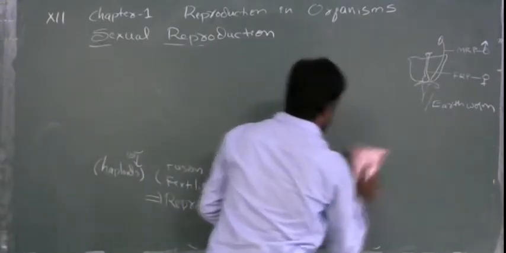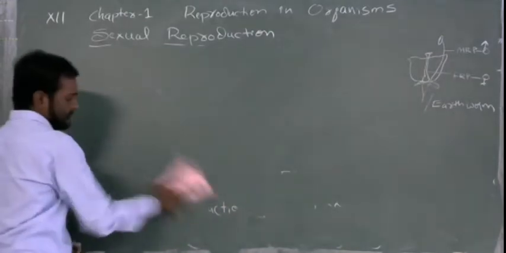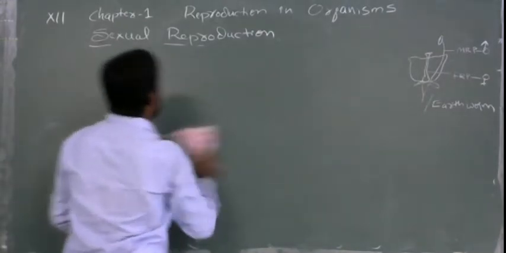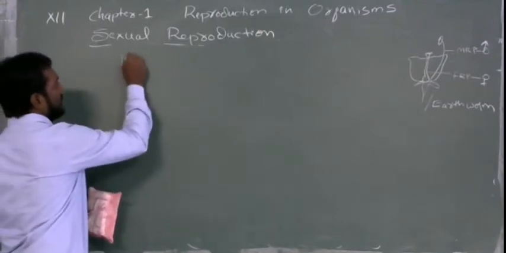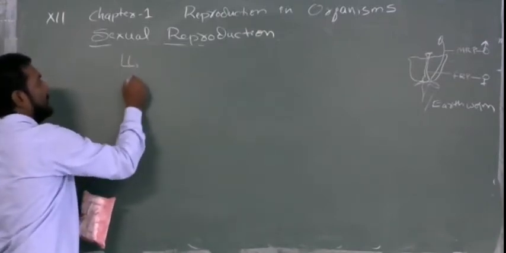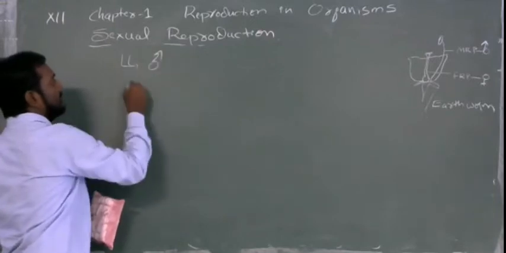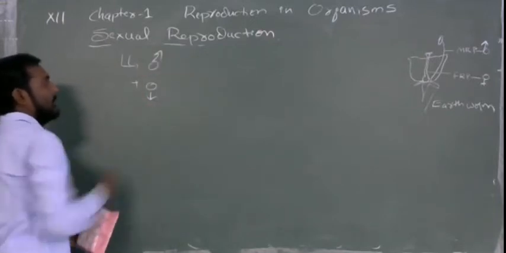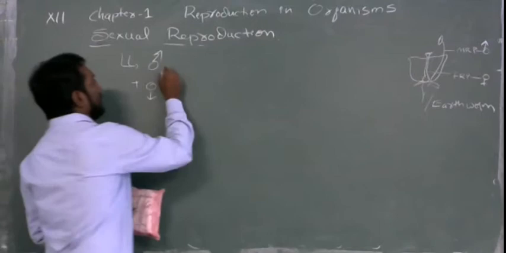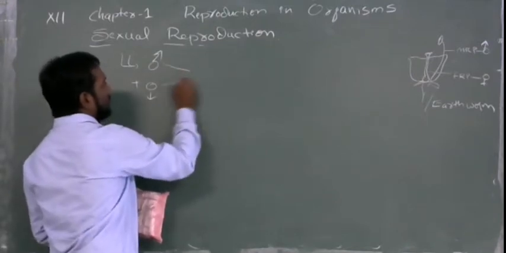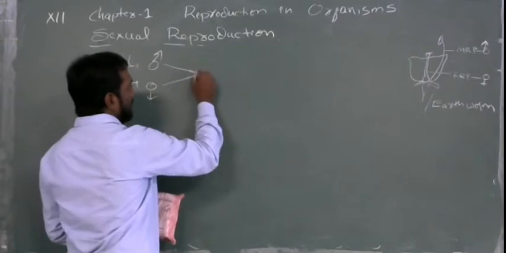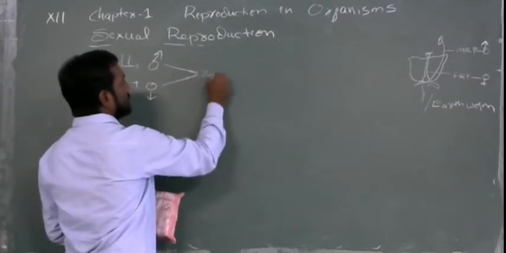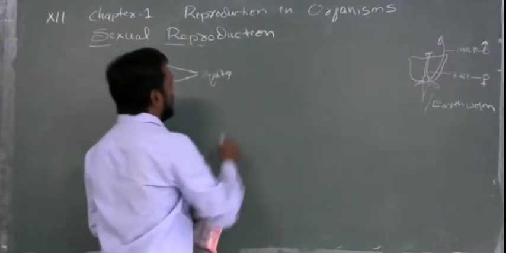If you see the fate after zygote formation, during sexual reproduction, both gametes, the male plus female, are produced. And when they fuse, the parents will give rise to many babies. These zygotes will convert into embryos.